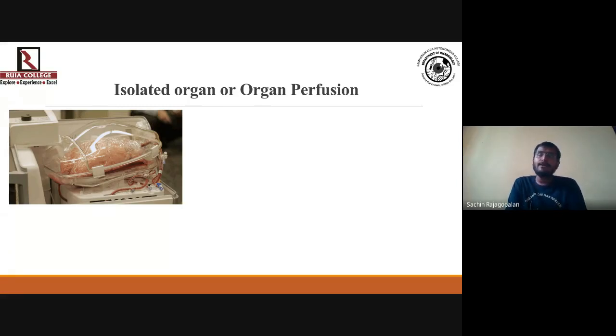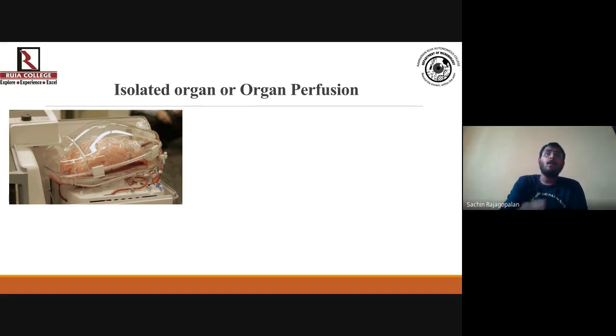Now, for perfusion, researchers normally pump a buffered isotonic solution containing whatever is your study material. That could be some nutrient, radio-labeled materials, or it could be drugs if you are studying the effect of drugs, or even hormones could be used.